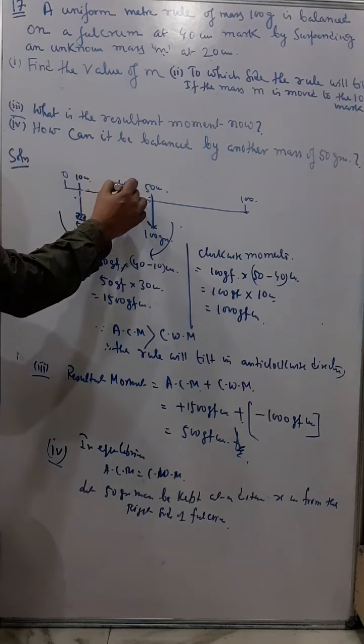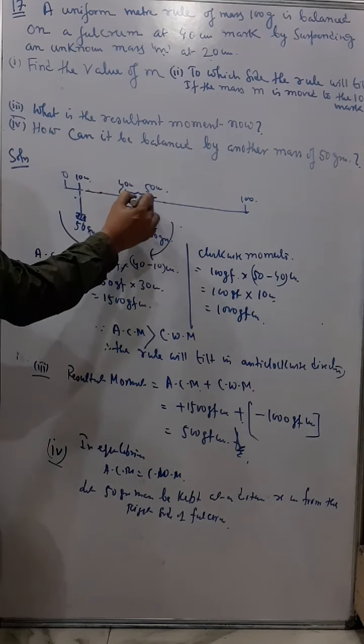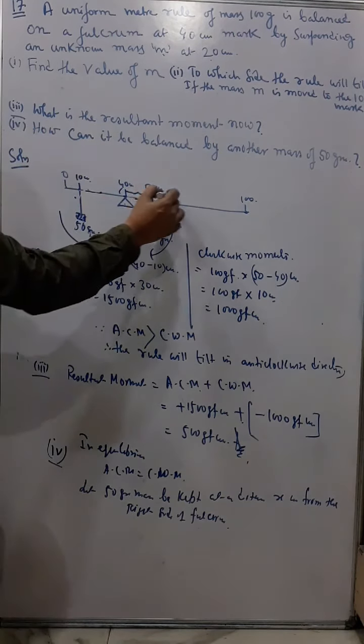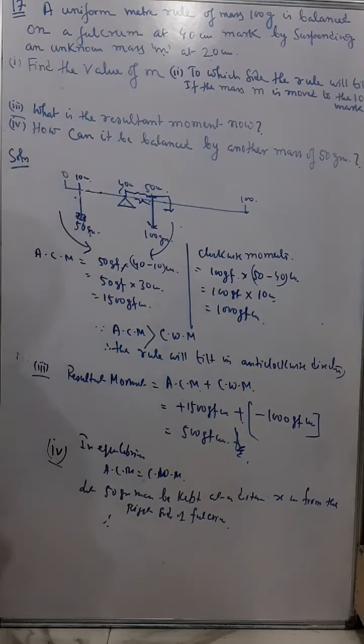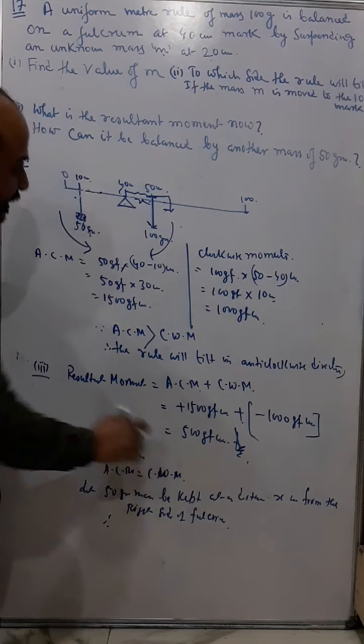So that means this side I am keeping it at x, wherever it is, it can be anywhere. So now I can say that anti-clockwise moment should be equal to clockwise moment.